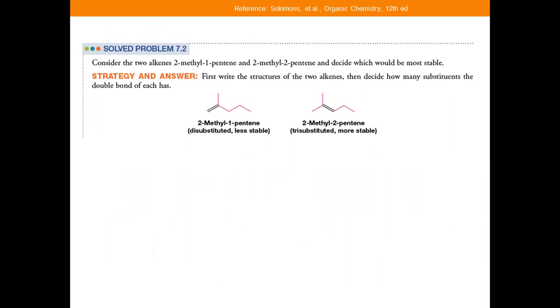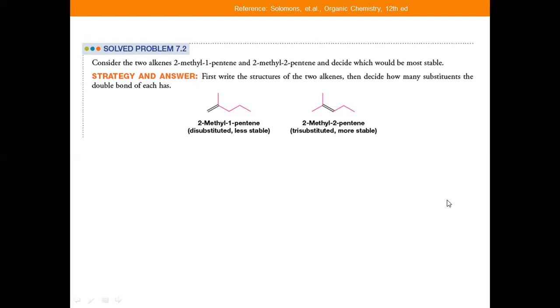2-methyl-1-pentene and 2-methyl-2-pentene. Can we have a volunteer? Between the two, which one would be the more stable alkene?